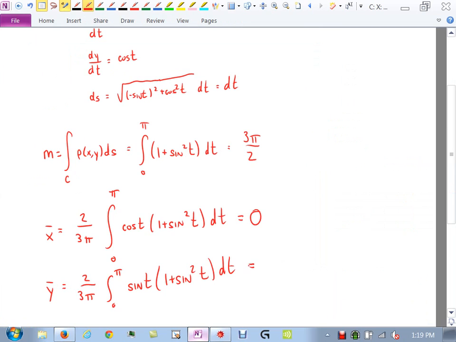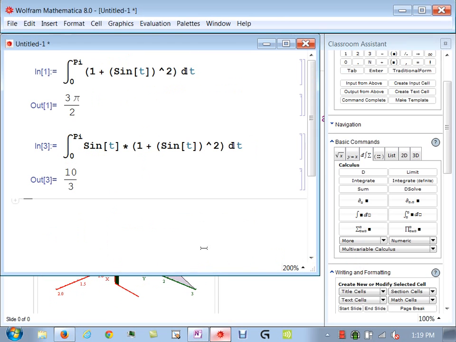So this is going to be 2 over 3 pi times 10/3, which is 20 over 9 pi. Is that okay? Let's get that as a decimal.